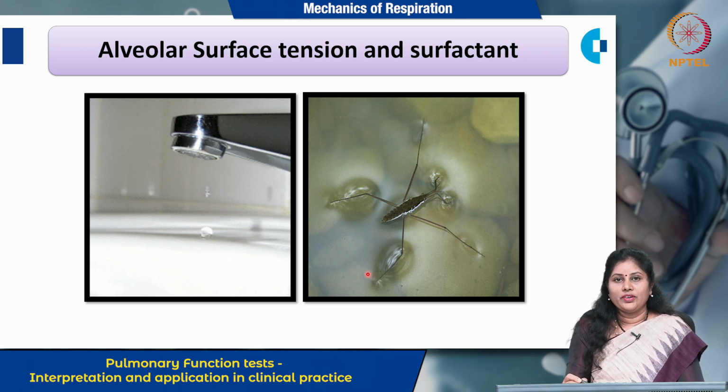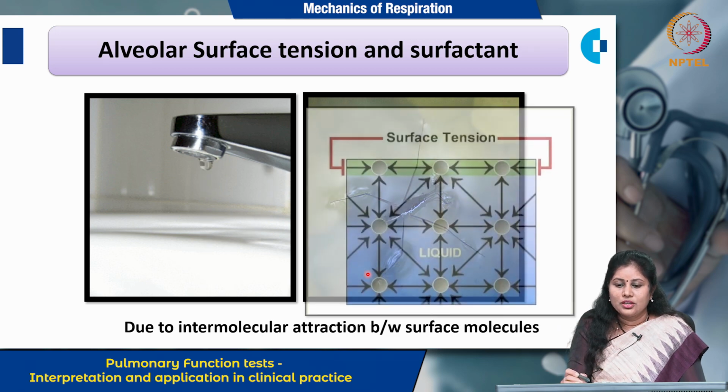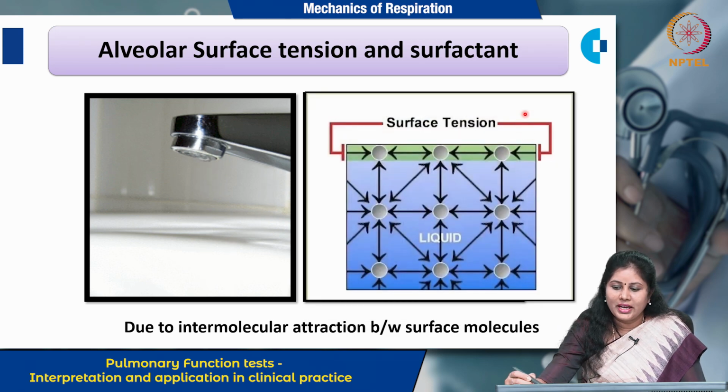Now, what is this surface tension? Whenever there is an air-water interface, there is attraction between the molecules of the water, especially at this surface. This is the air, this is the water phase. There are different molecules present in the water. These are the surface molecules.